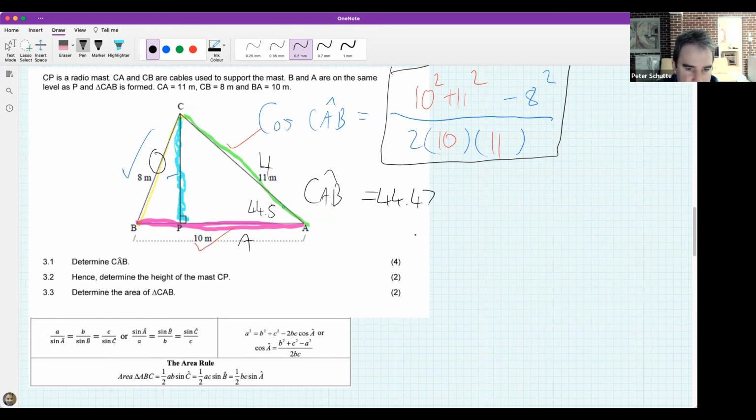And so what I would do is I would just say CP divided by the sine of 44.5 is equal to 11 over the sine of 90. And then what is my CP value going to be equal to?